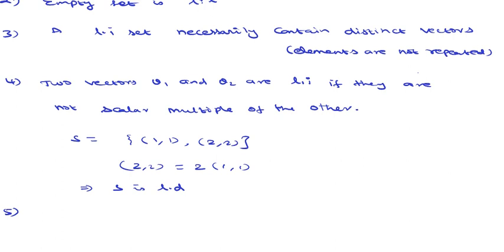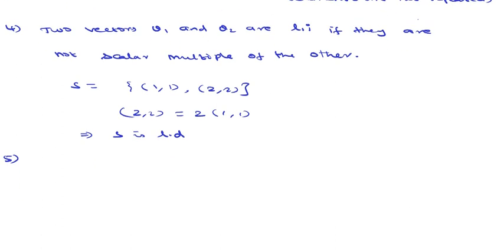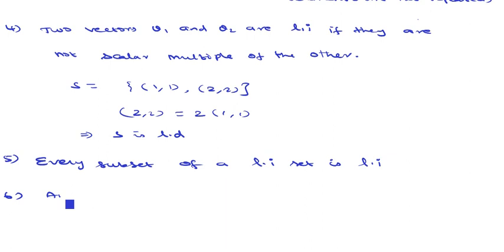So the fifth property: every subset of a linearly independent set is linearly independent. And sixth one, any superset of a linearly dependent set is linearly dependent.